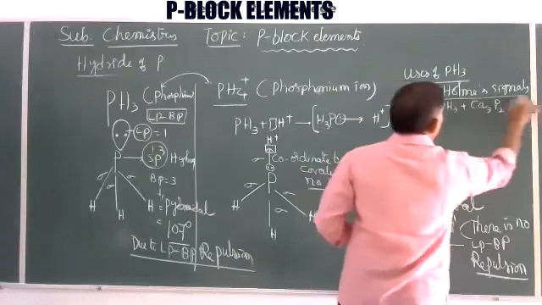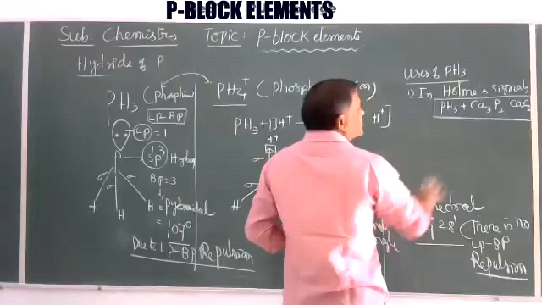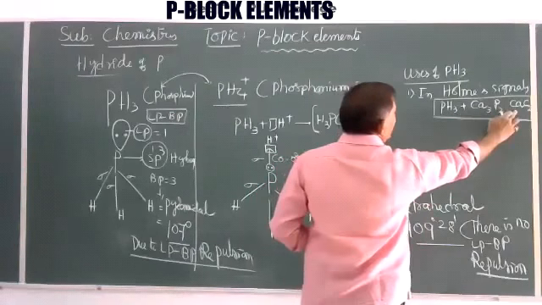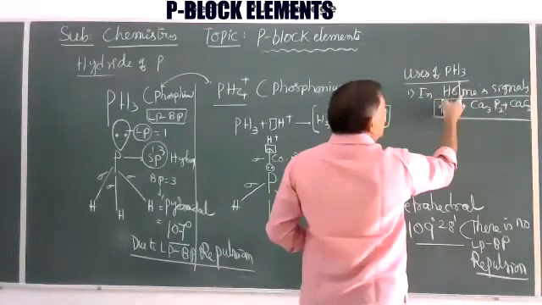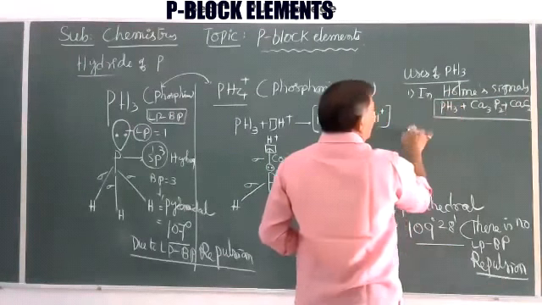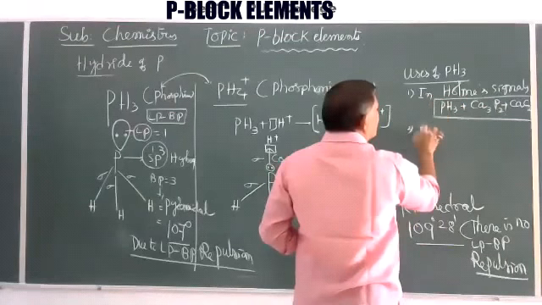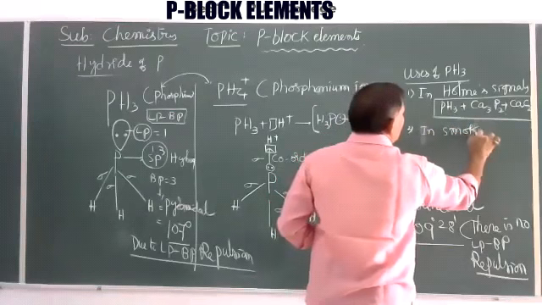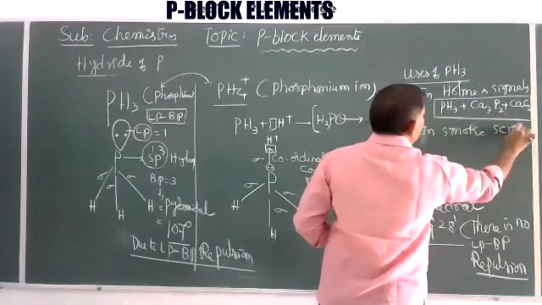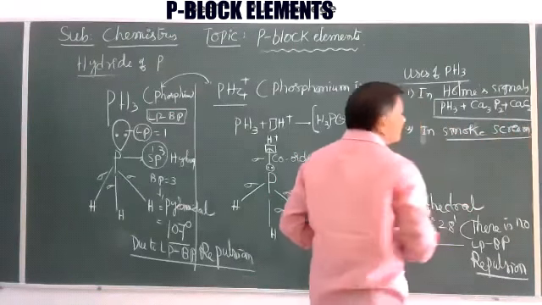So the mixture of phosphine with calcium phosphide or calcium carbide, either one, is used in Holmes signals, and also in smoke screens. In smoke screens, we can use this phosphine.